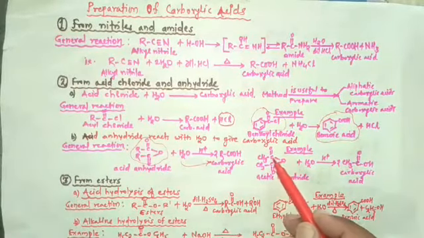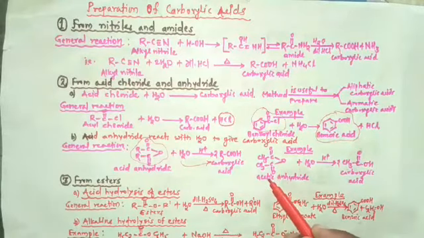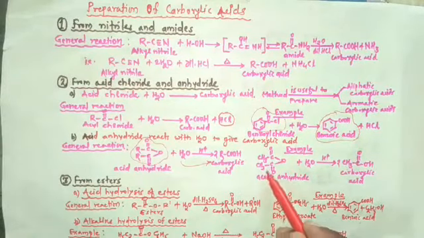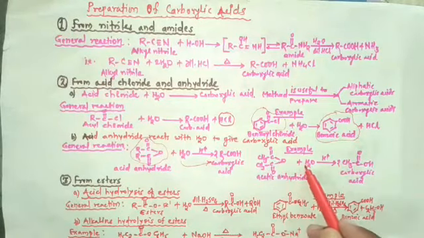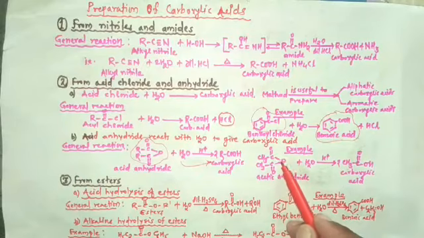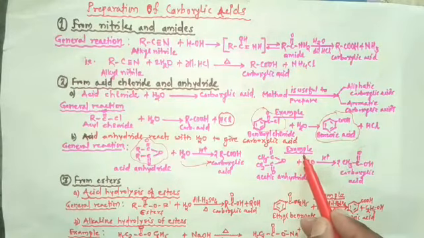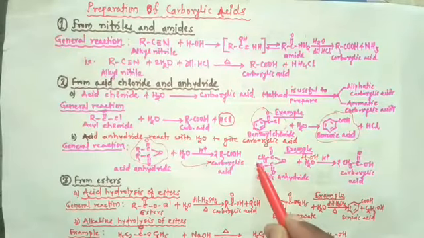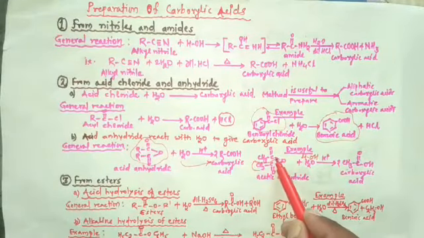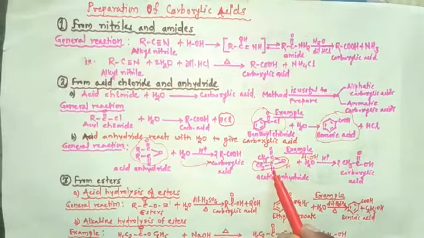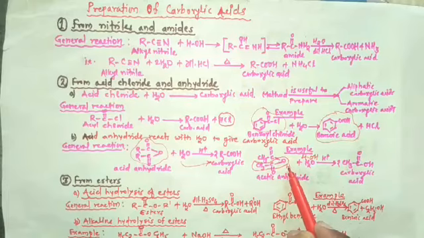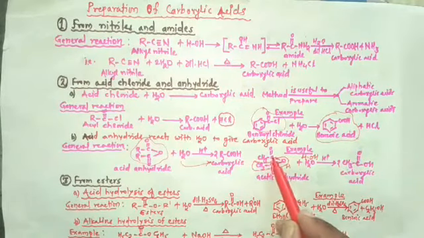Then take one example. We are taking here acetic anhydride. Acetic anhydride reacting with water. Here this H2O is H and OH. To this side H gets attached, that is CH3COOH, and to this side CH3C double bond O, OH is attached.